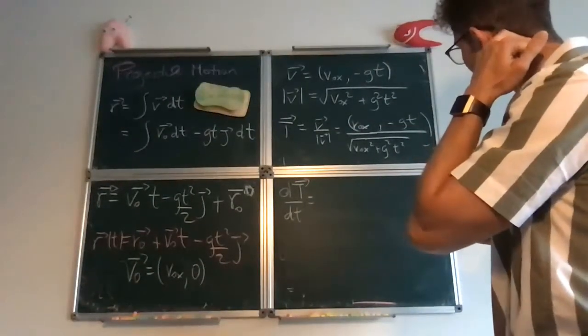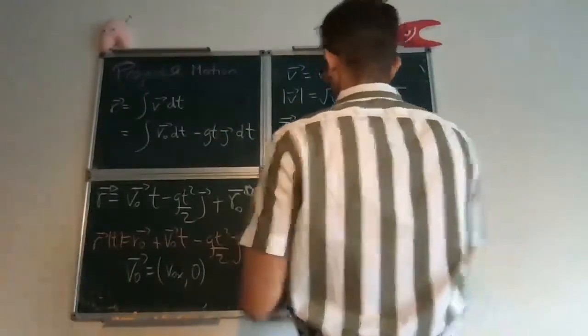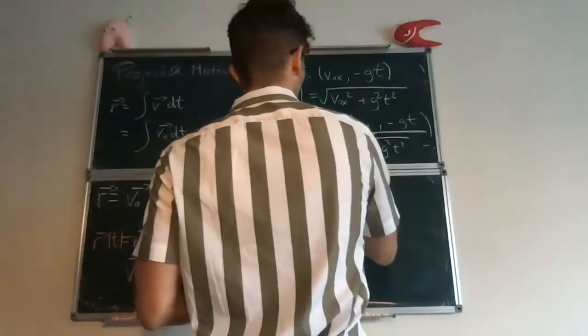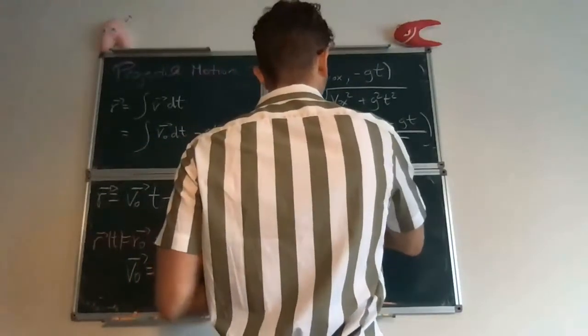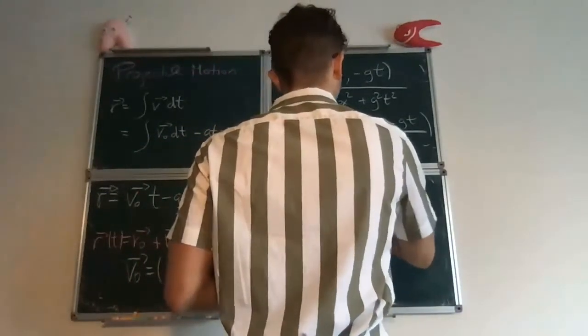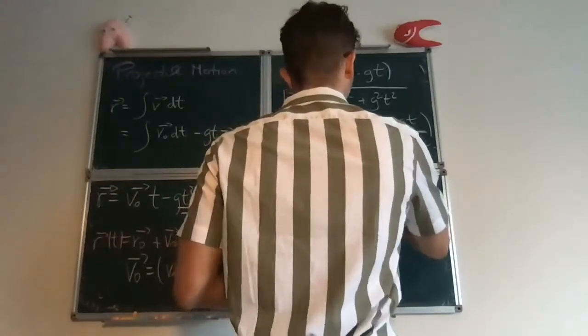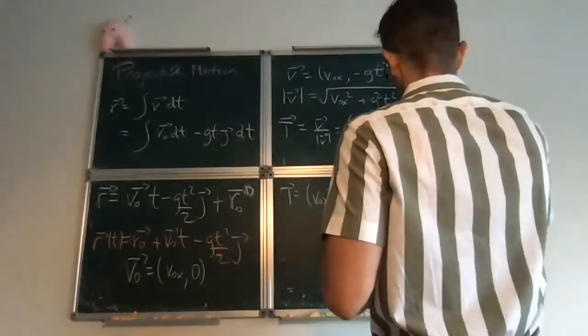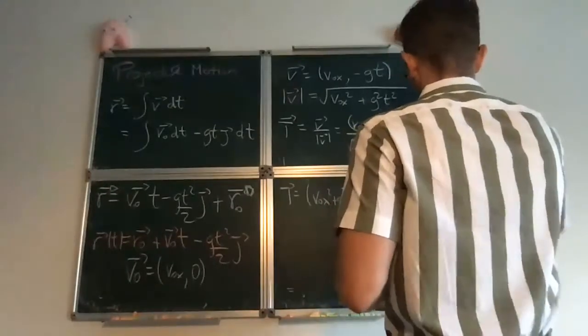In order to differentiate, I'll think of the tangent vector as (v0x squared plus g squared t squared) to the negative 1/2 times this vector. I think this will be easier for the product rule.